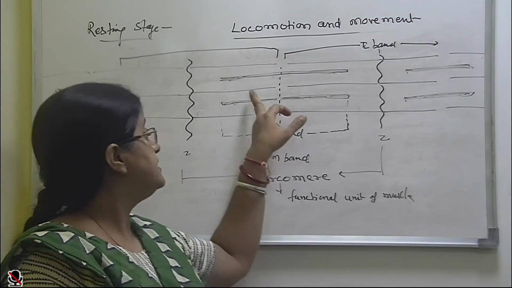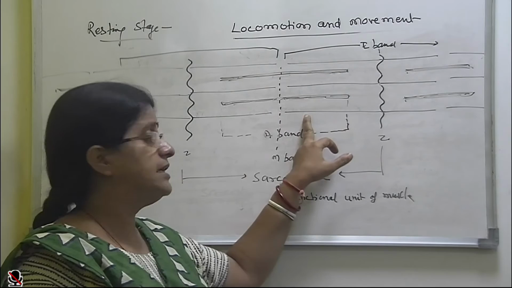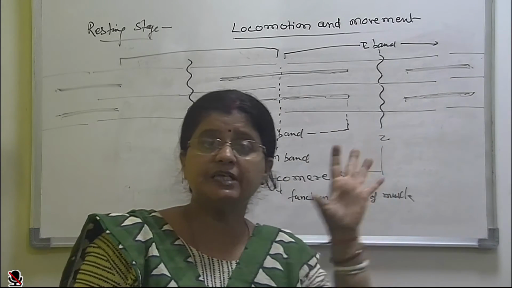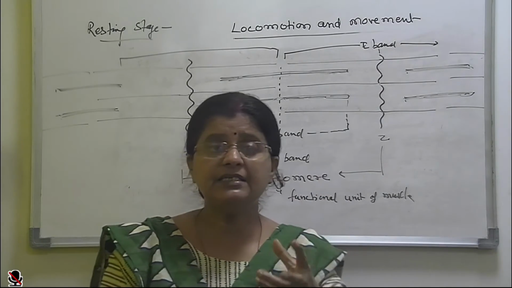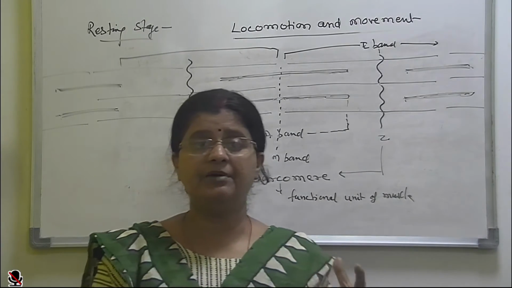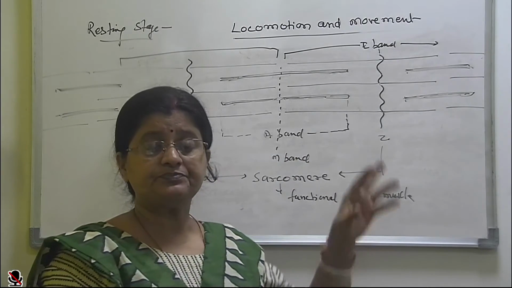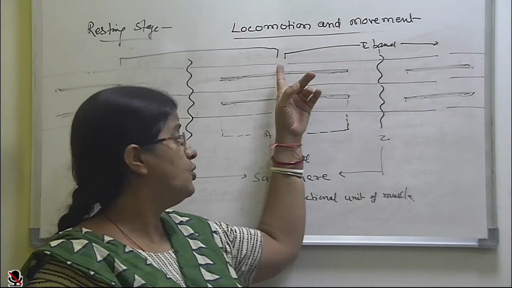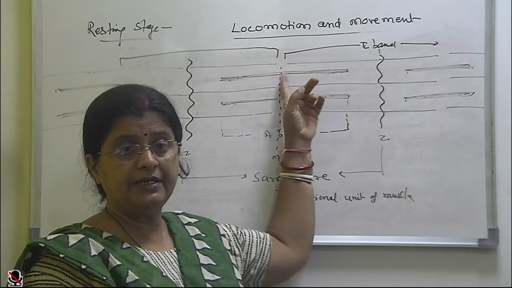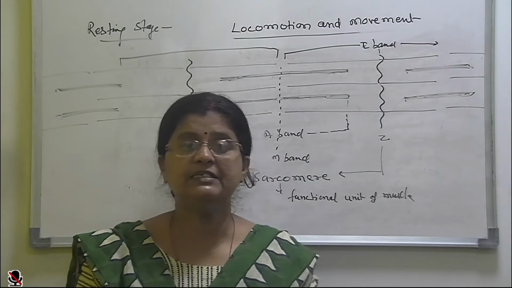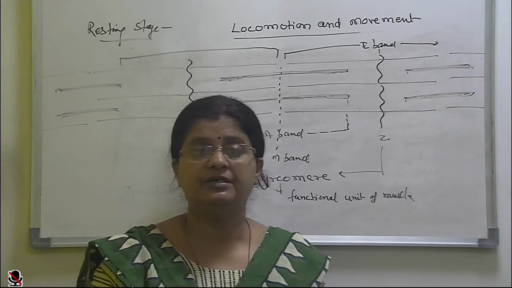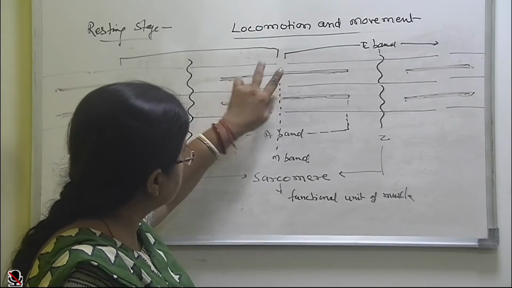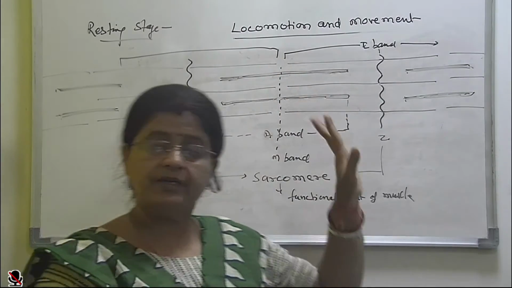This is the myosin filament and these are the actin filaments. Here you can see that the free ends of the thin filaments are not overlapped, so the central part of the thick filament remains, right?